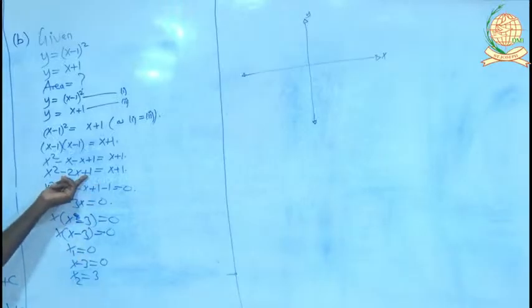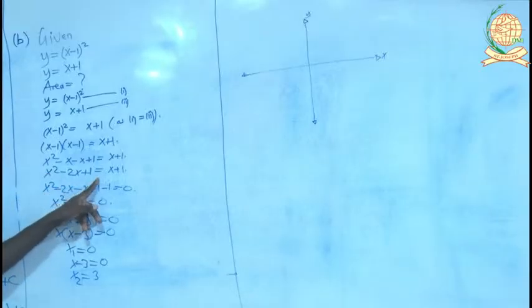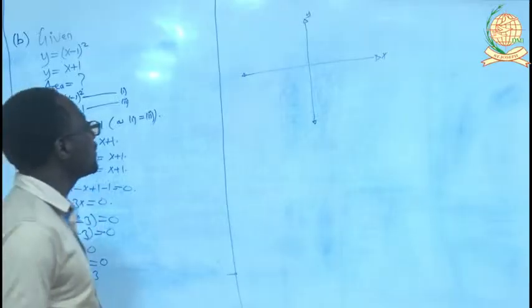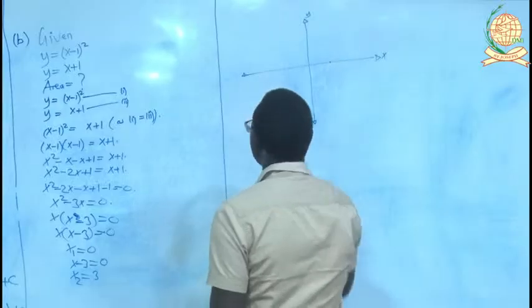This is a quadratic equation. The coefficient of x squared is positive, so it will turn upward. Now find the turning point. You can differentiate this to get 2x minus 2, then equate to 0. 2x minus 2 equals 0, so x is equal to 1. Then the value of y, if we substitute here, is 1 squared minus 2 plus 1, so y is 0. So the turning point is at x equals 1 and y equals 0, somewhere here.